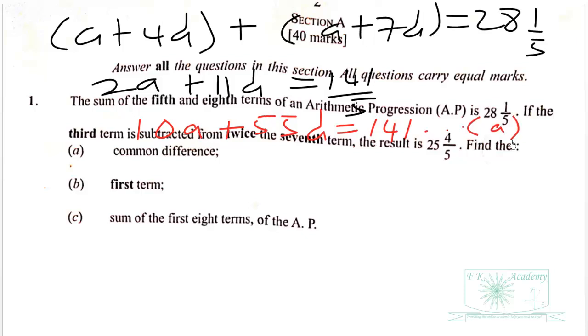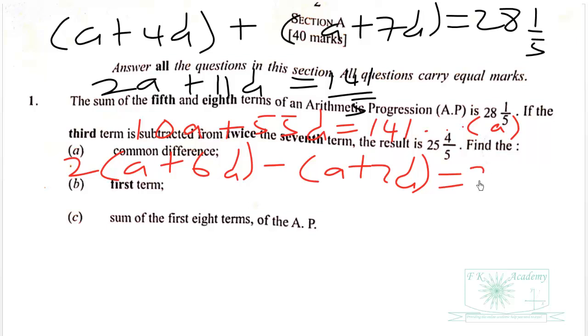Then again, the second equation will come from the second statement. The third term is subtracted from twice the seventh term, and that will be equal to 2 times (a plus 6d), which is the seventh term, minus (a plus 2d), is equal to 25 whole number 4 over 5.